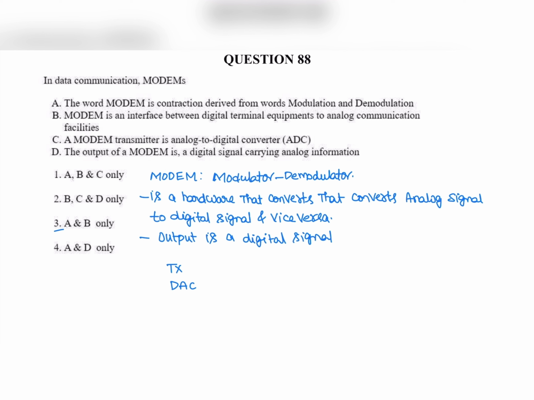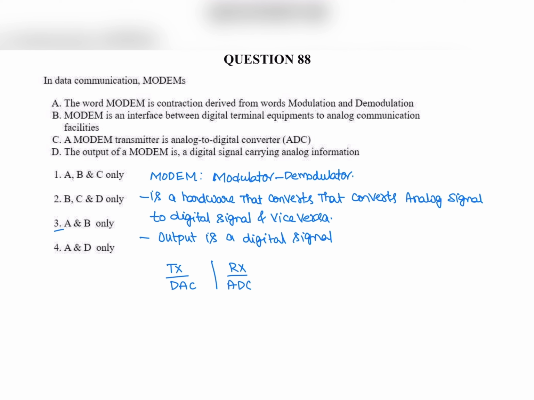In the modem receiver, an analog to digital converter is used. The modem transmitter uses a digital to analog converter to produce an analog drive signal, which is received by the modem and converted to a digital signal. So the correct statements are A and B.